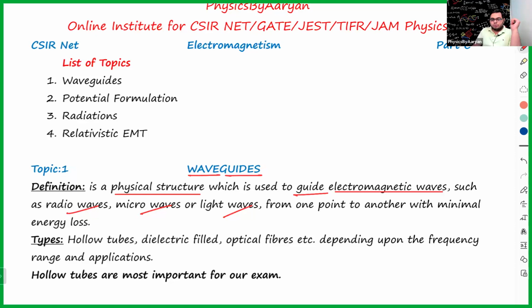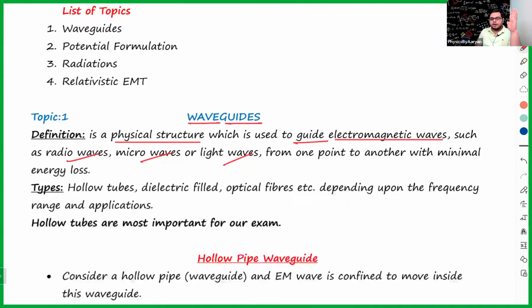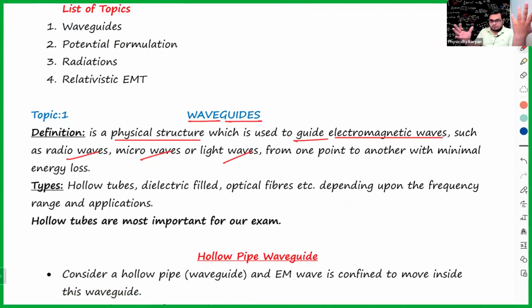So when someone asks you what is a waveguide, you can say that it is a physical structure which helps us to guide electromagnetic waves from one point to another without or with very minimum energy loss. And what are the waves we can transfer from one place to another? Radio waves, microwaves, light waves, and so on.